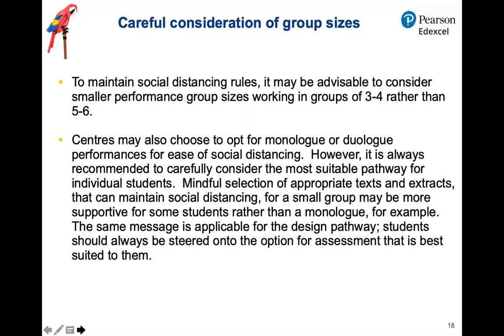Mindful selection of appropriate texts and extracts that can maintain social distancing for a small group might be more supportive for some students rather than them doing a monologue, for example. The same message is applicable for the design pathway, and students should always be steered onto the option for assessment that is best suited to them.